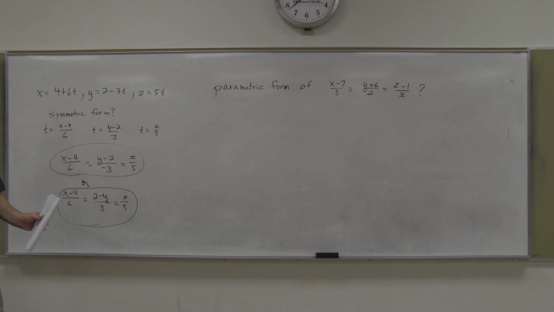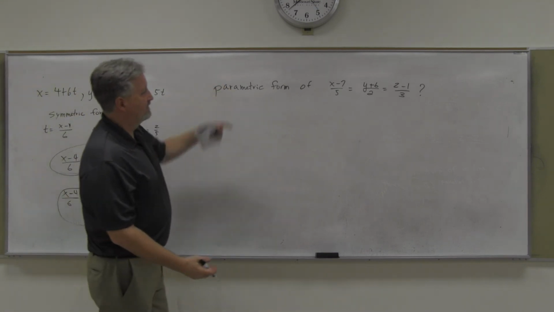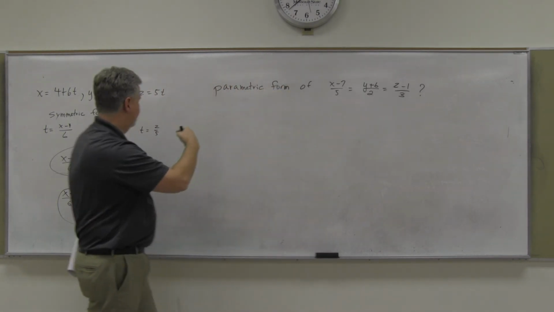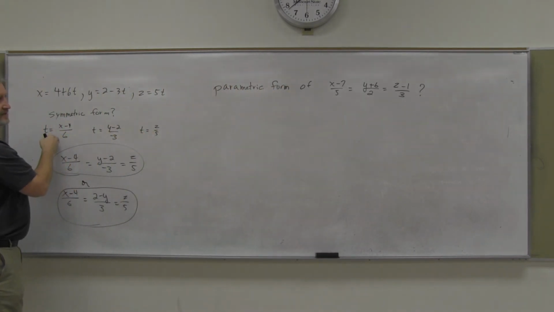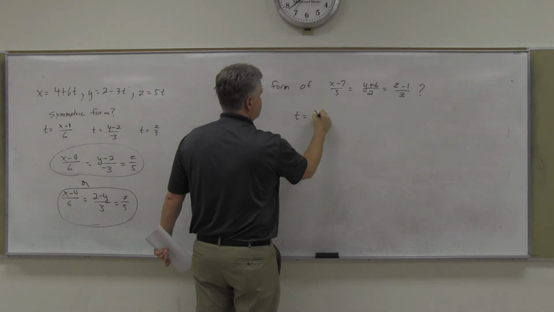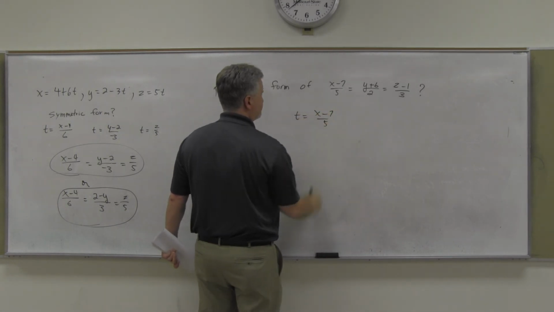Well, we're going the other way, and so what we've got here is, and these are all equal. Well, if you remember back, they're individually equal to t, right? So yeah, just set t equals x minus 7 over 5.